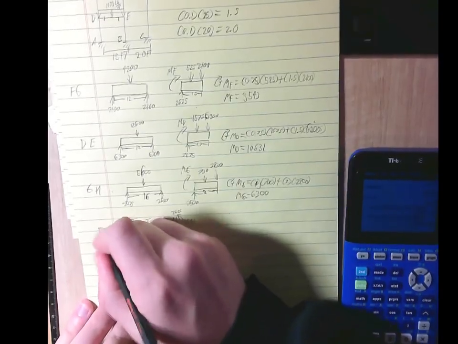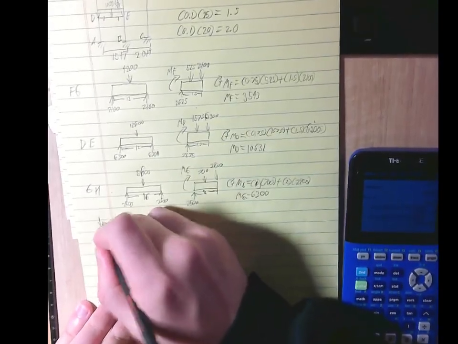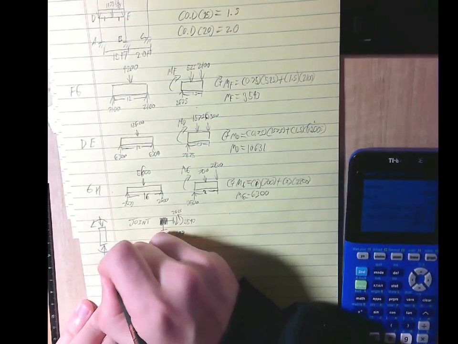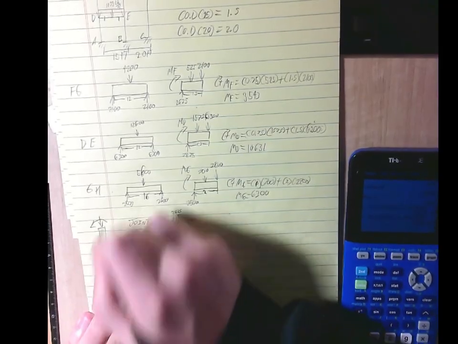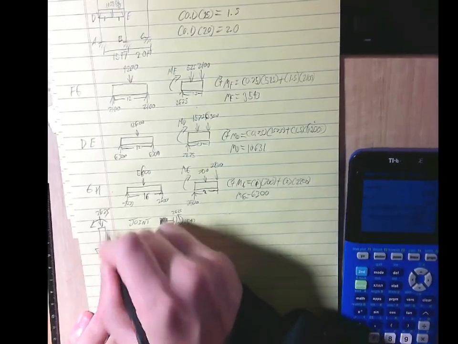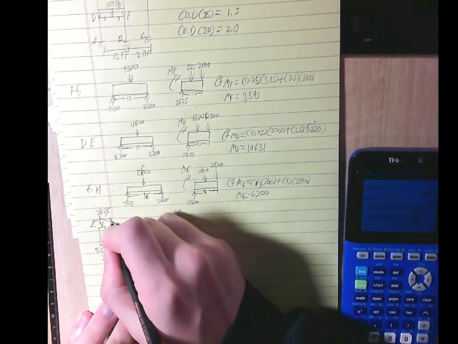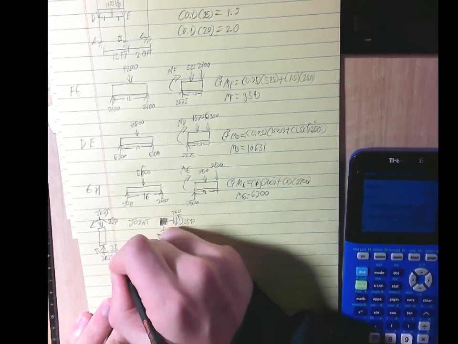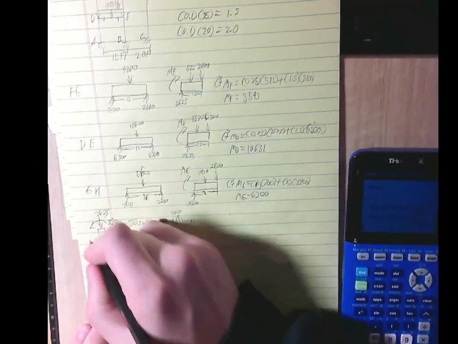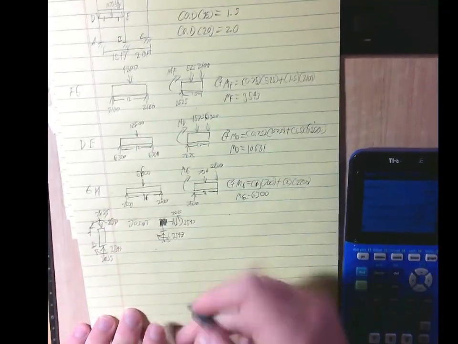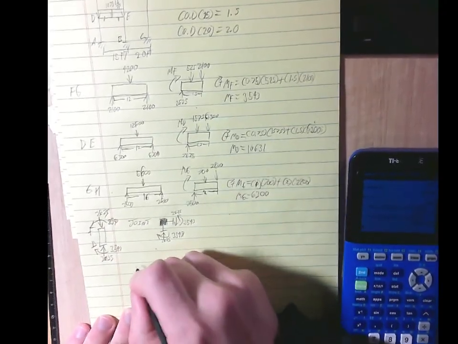So if this was a column, it would look like this. Down, down, moment here, 2625, 2625, and then right here and here is going to be 3543, 3543. So that's what the column would look like, and this would be column FD.